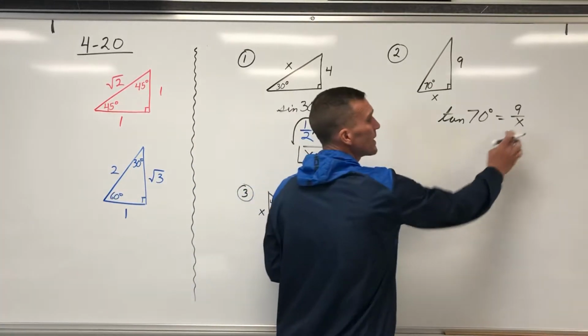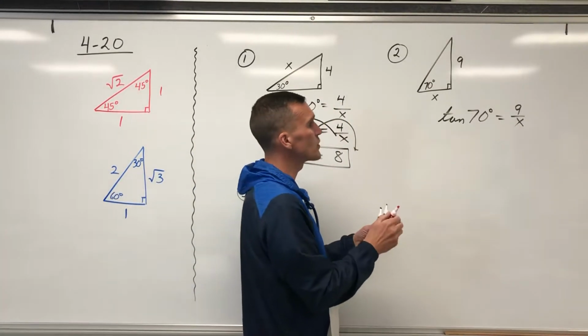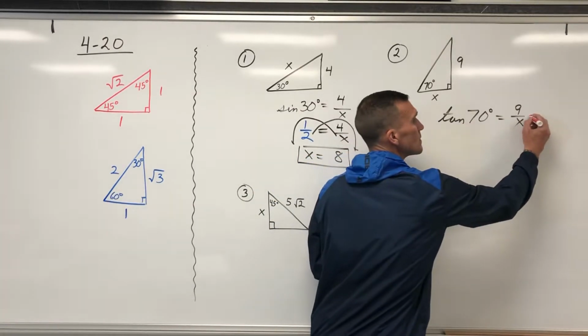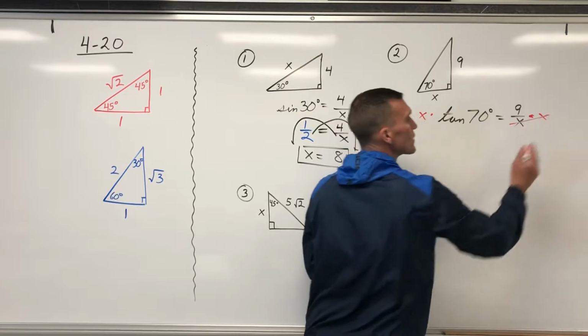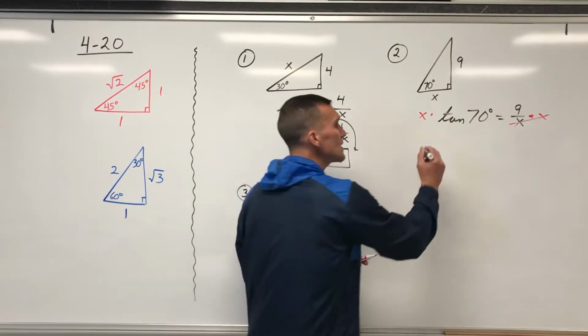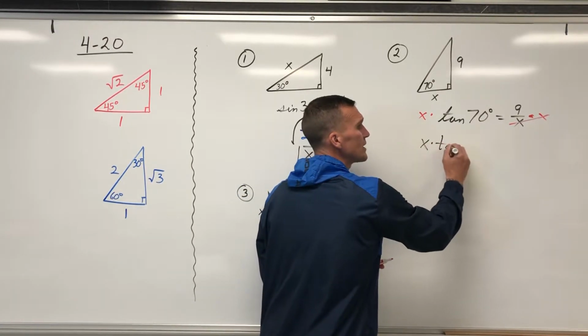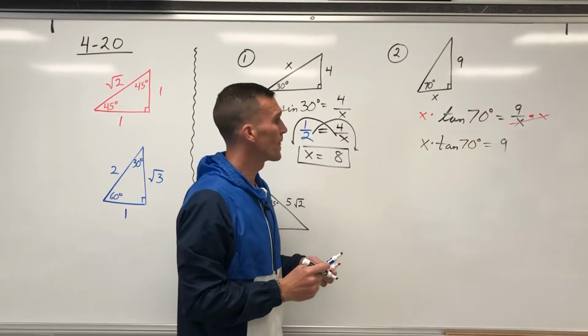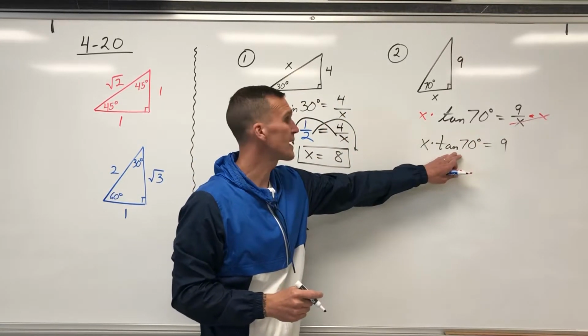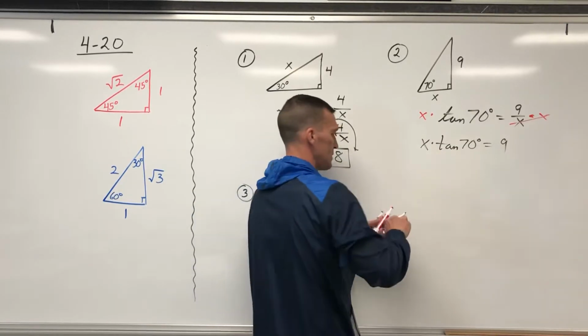So to get x by itself, the first thing I will do is multiply both sides by x. On the right side, the x's reduce or cancel out. And I have x times the tangent of 70 degrees equals 9. I'll divide both sides by the tangent of 70 degrees.